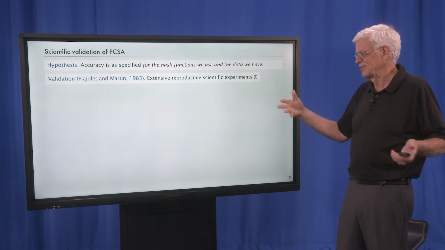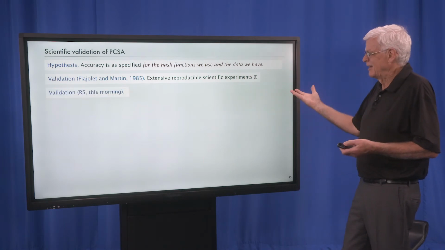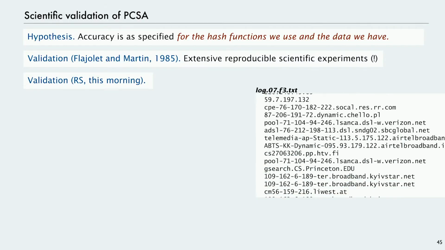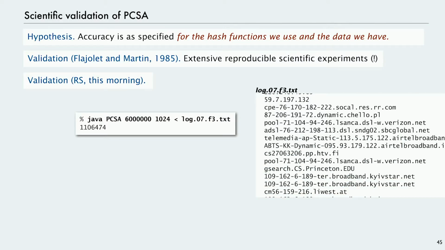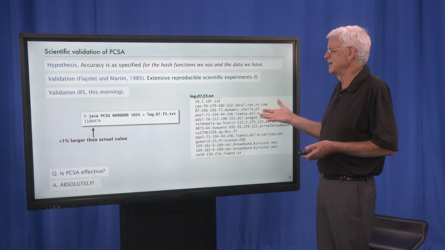There was no internet, so we couldn't really exchange data. Well, I can run it on my own data this morning, and I run it and it's within 1%. If you want to know, is this algorithm effective? The answer is it's absolutely effective.